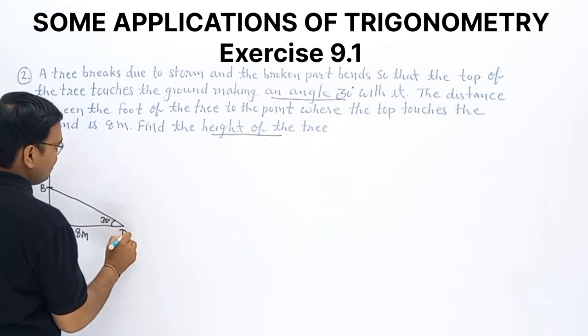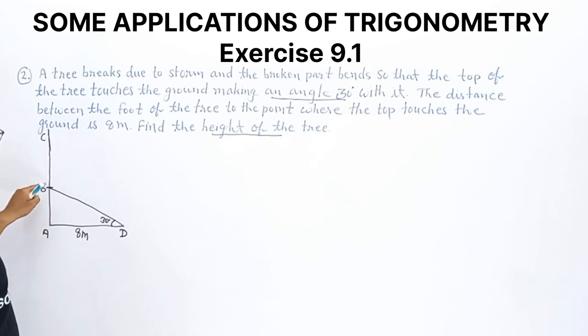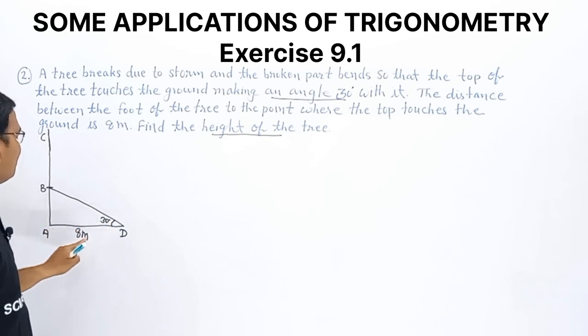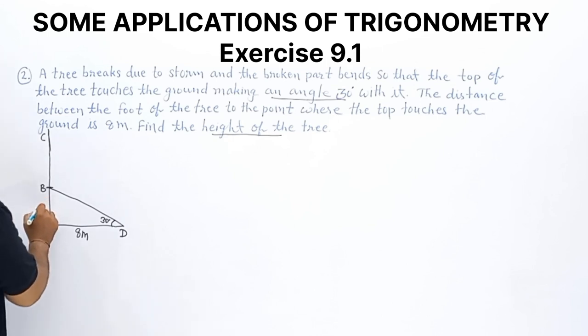I am taking this point as D. So this is the broken part making 30 degrees with the ground, and the distance between the foot and D is 8 meters. We want the height of the tree.